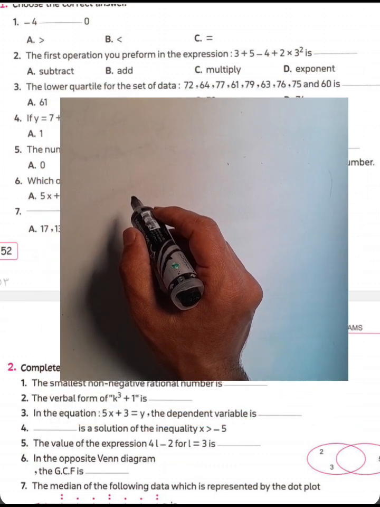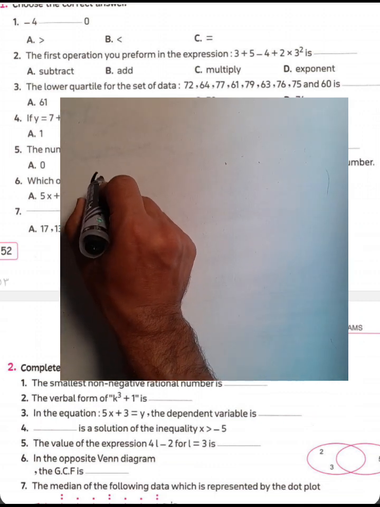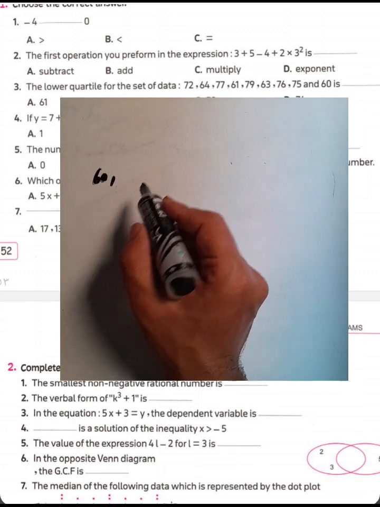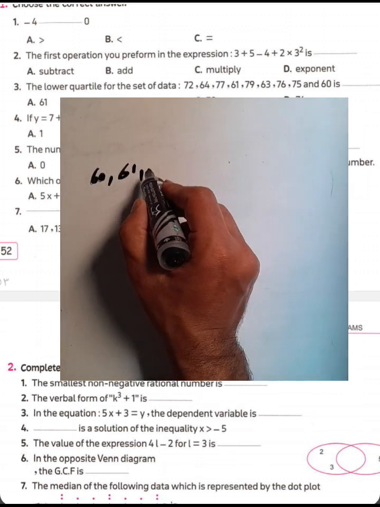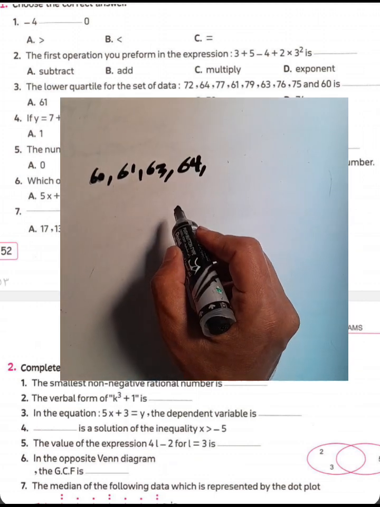We have here 60. Okay, 60, and the next number 61, 63, 64.